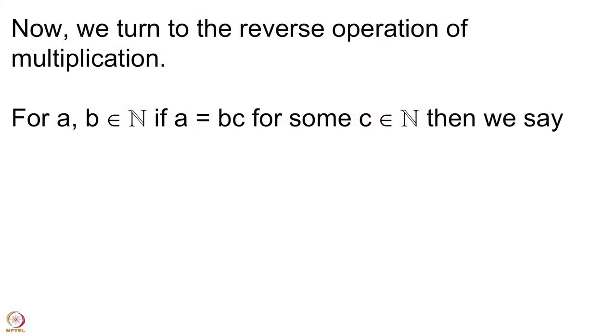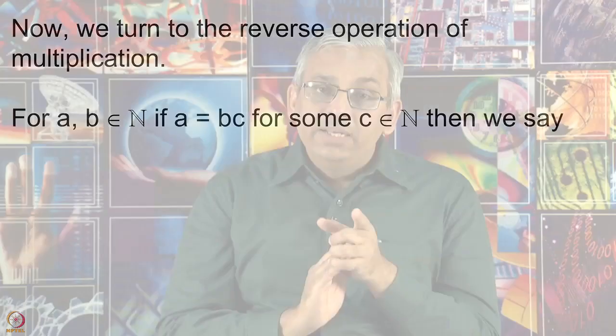Suppose we have a natural number A and another natural number B with the property that A is B into C for some third natural number C. If you have this, then we say that B divides A.